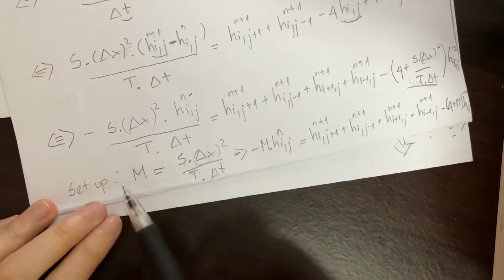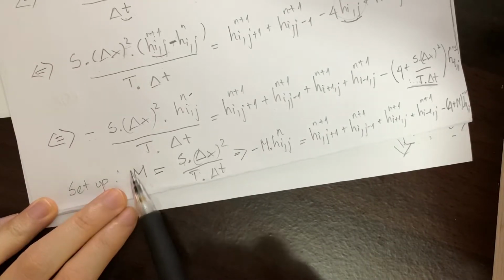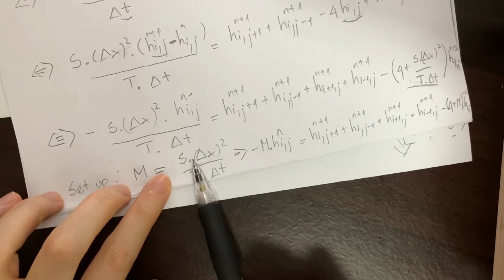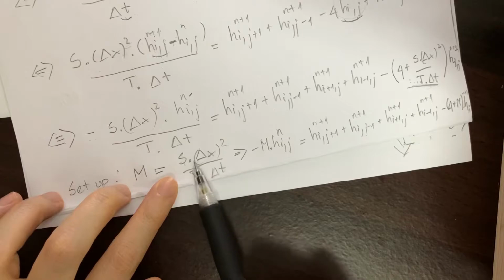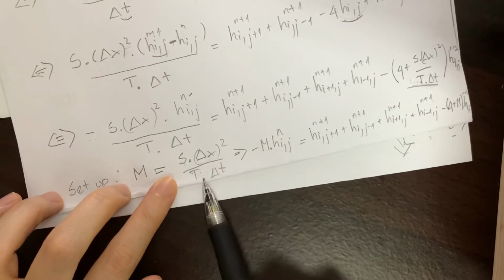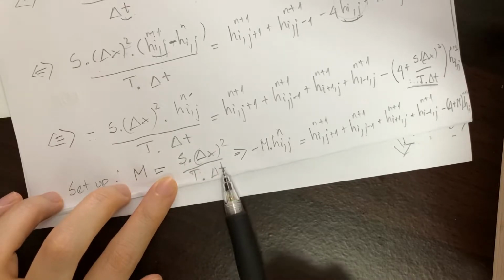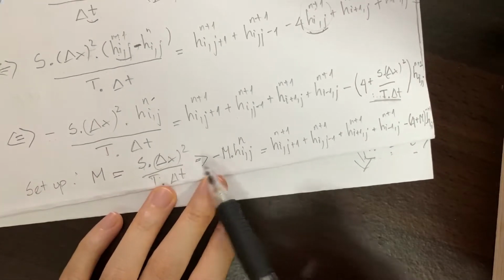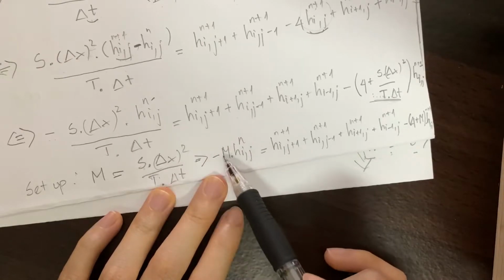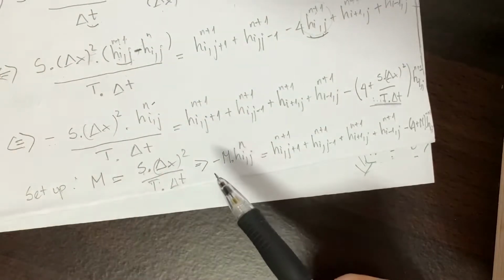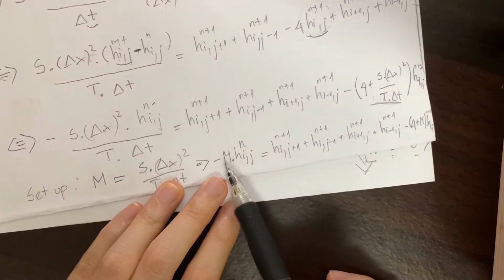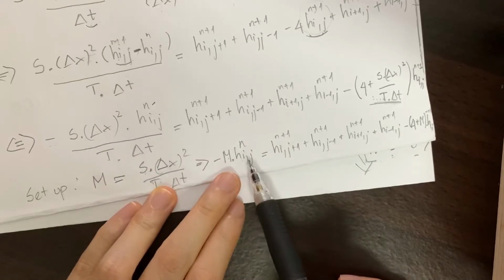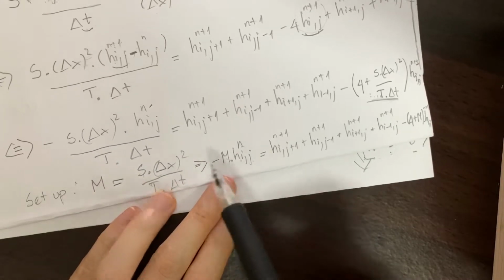And from here I set m equal to S multiplied by delta s squared over T times delta t, and I substitute, replace the m in the coefficients of S i,j here like this.